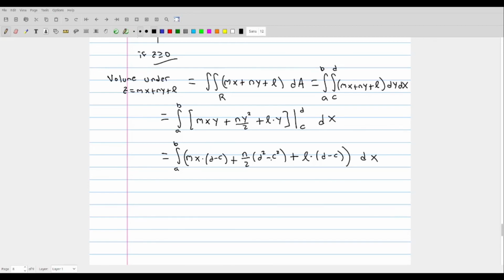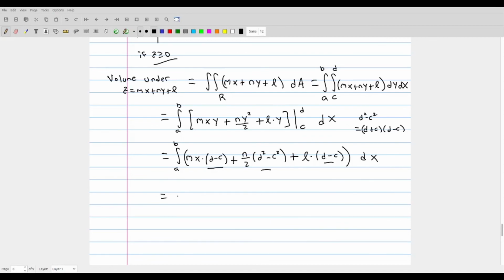And we can even do some cleaning up here and some more simplification. So before we do this integral, remember that d squared minus c squared is the same thing as d plus c times d minus c. So we can factor out d minus c from every term in this expression.